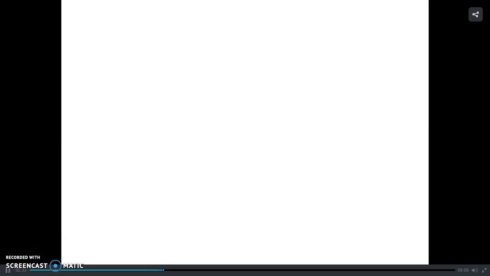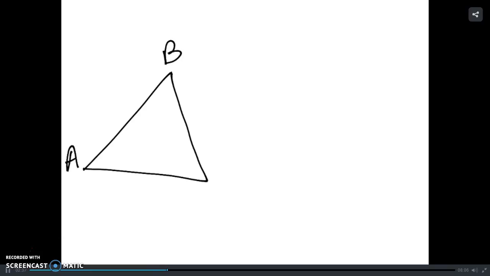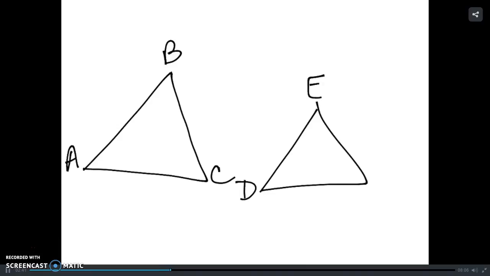So again, we're going to have two triangles, ABC and DEF. And on these two triangles, we are going to draw an angle bisector. So we're saying that this angle and this angle are congruent, and we are saying that this angle and this angle are congruent. Okay? And we'll go ahead and call this A, B, C, D, E, F, G, and H again.